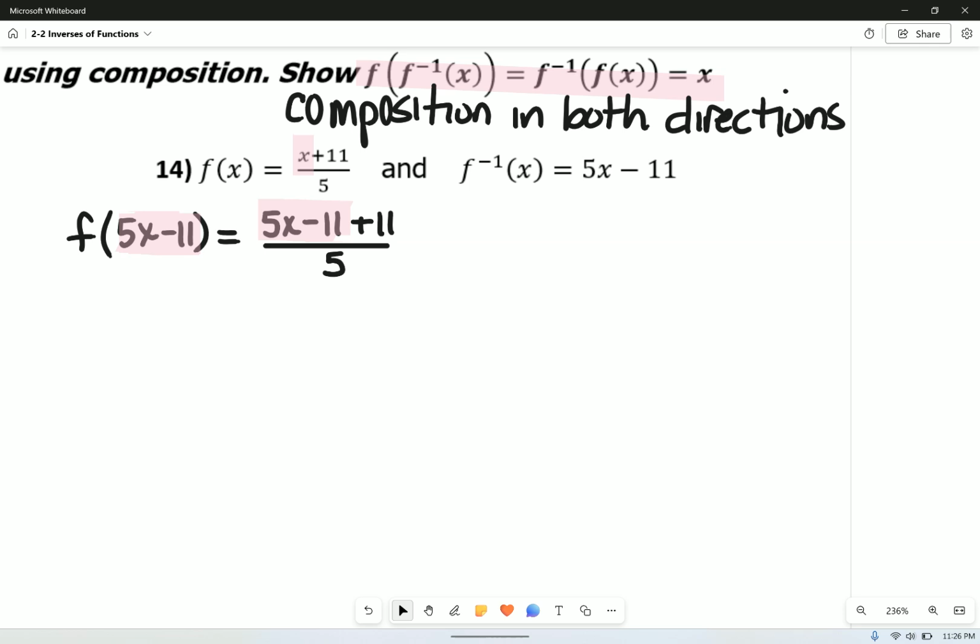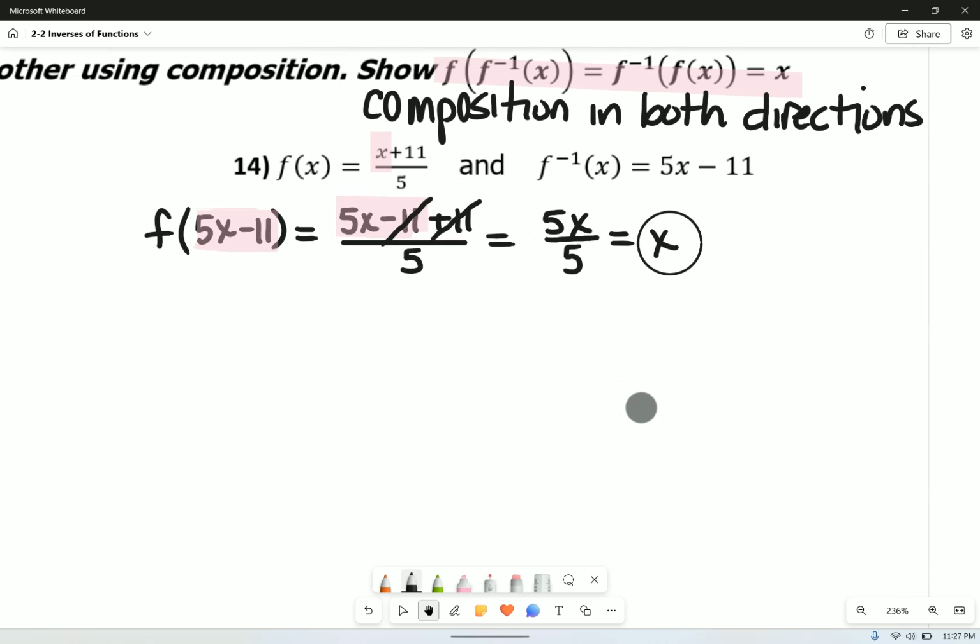So instead of x plus 11 over 5, it's 5x minus 11 over 5. So now let's simplify. Notice this negative 11 and positive 11 is going to zero out, leaving us with 5x over 5, which reduces to x. And that's exactly what we want based on our definition for verifying.